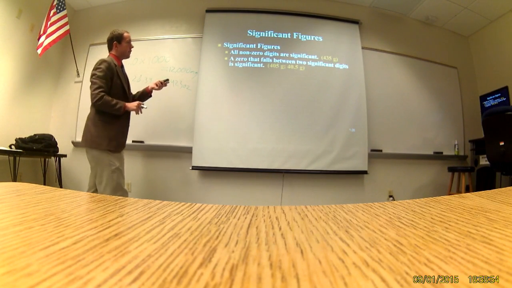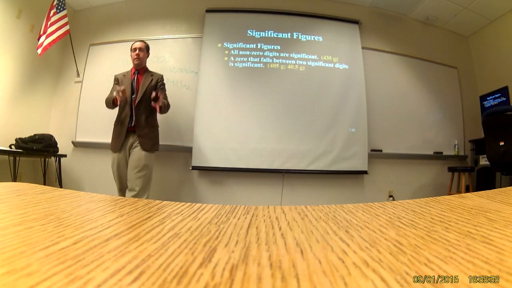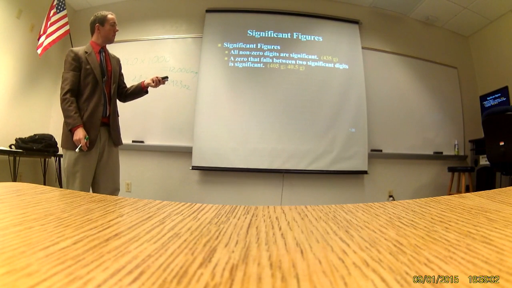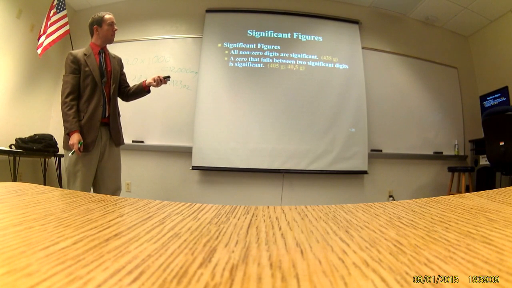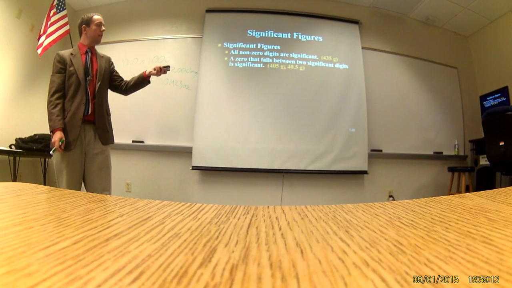If you have a 0 that falls in between two non-zeros, that 0 is significant. So in 405, that 0 is significant. In 40.5, we ignore the point, that 0 is between the 4 and the 5.